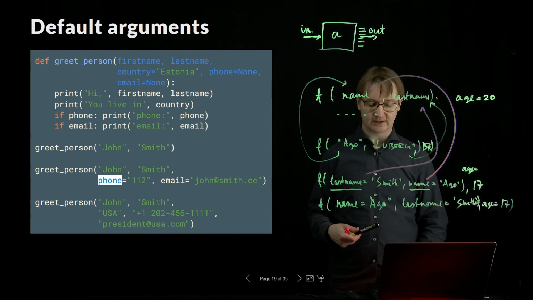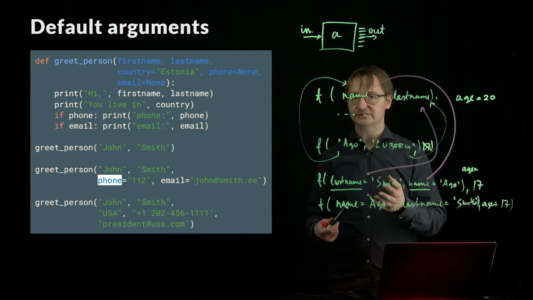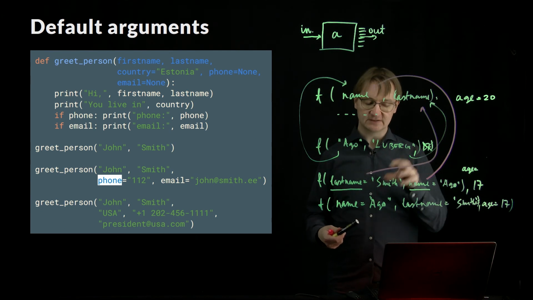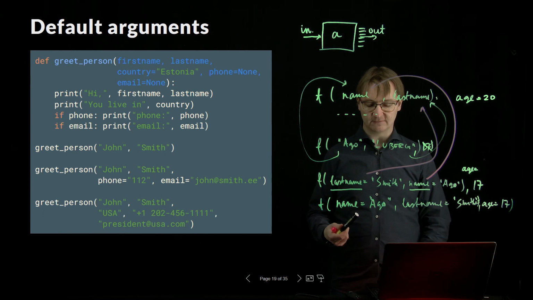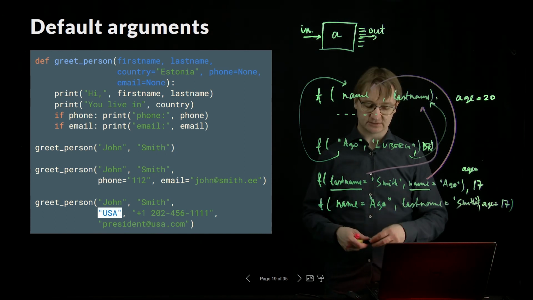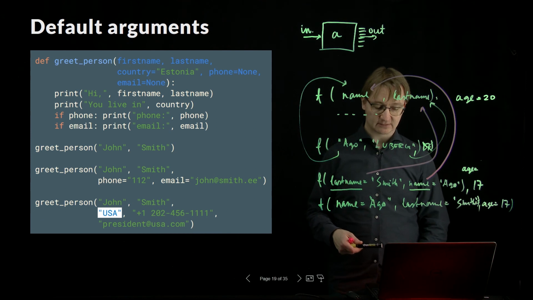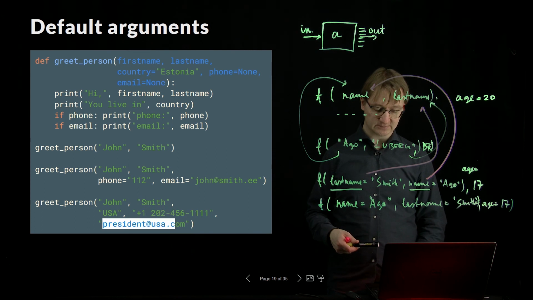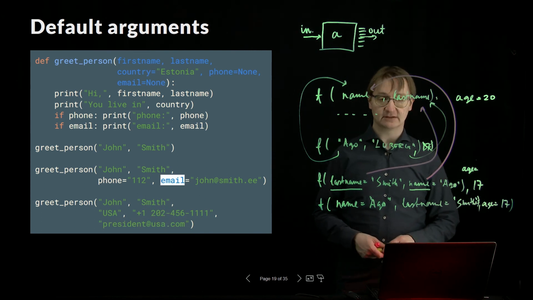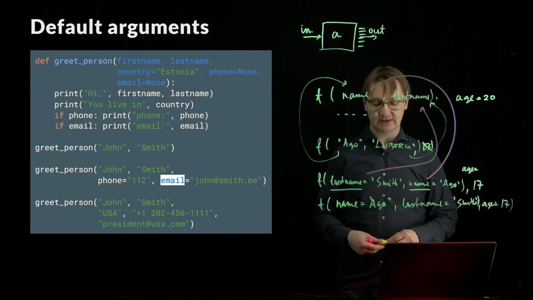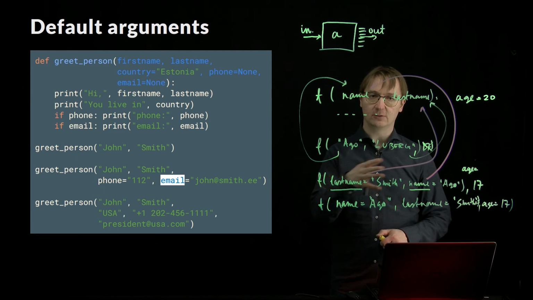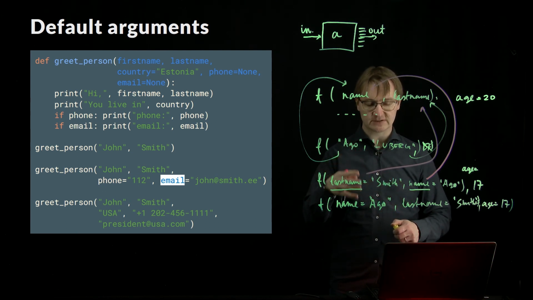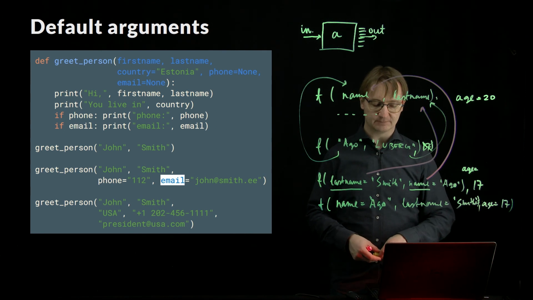Because of the parameter names, I was able to specify only specific parameters. I could give in the values also based on the positions. So basically currently the country will be USA, the phone will be this one here, and the email will be this one here. But yes, especially with default arguments, you often don't want to specify all of those, or you only want to specify one of those three options.